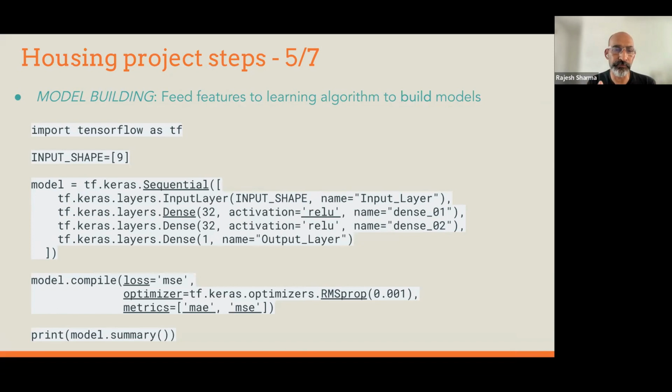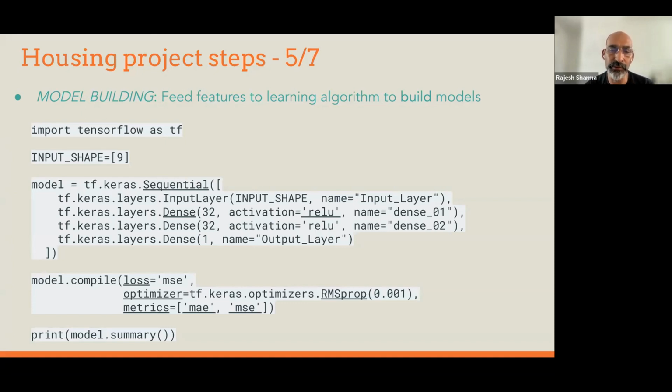Essentially, we just line them up. You have some input, and then you have the different layers. So you have dense, meaning fully connected. And each of these nodes in the dense layer, in this case I'm specifying 32 nodes, will have an activation function.